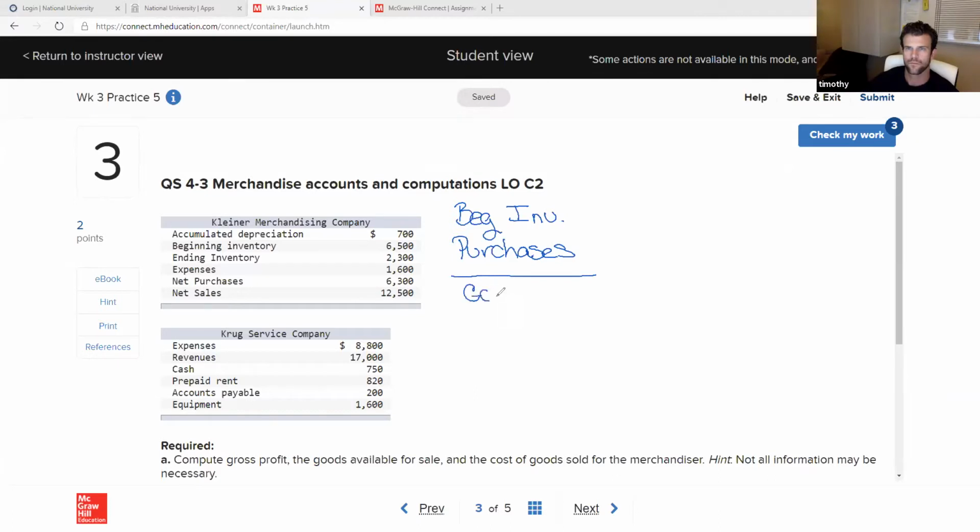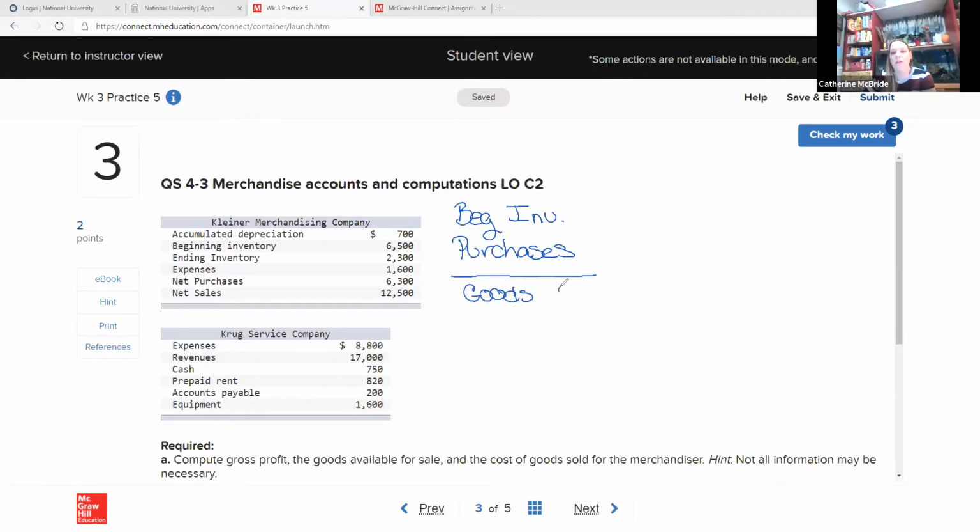Gives me my goods available for sale. That's everything I could have sold. What I started with plus everything I purchased gives me my goods available for sale. So my beginning inventory is 6,500.